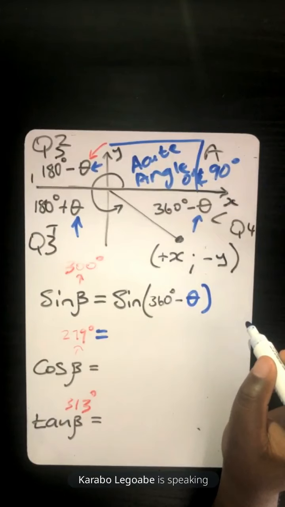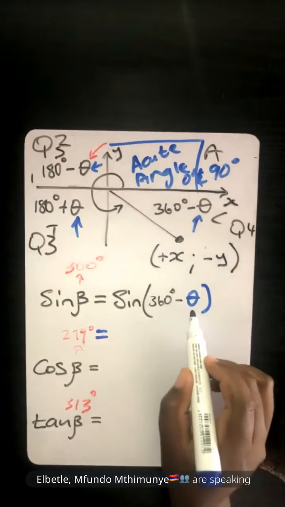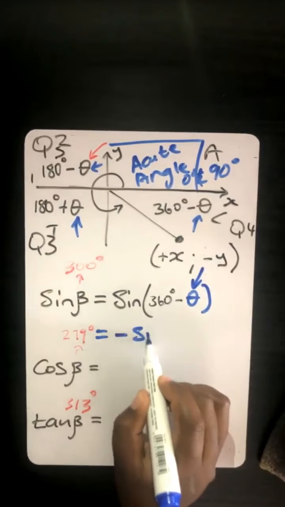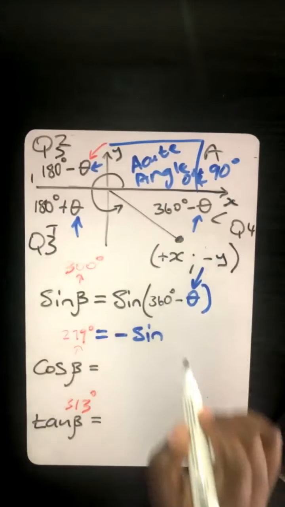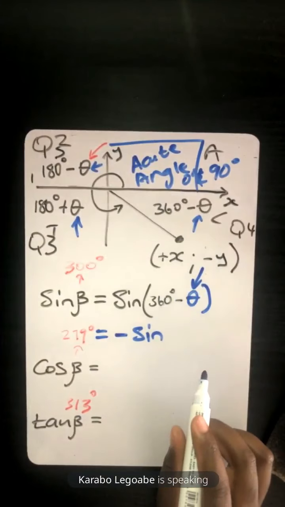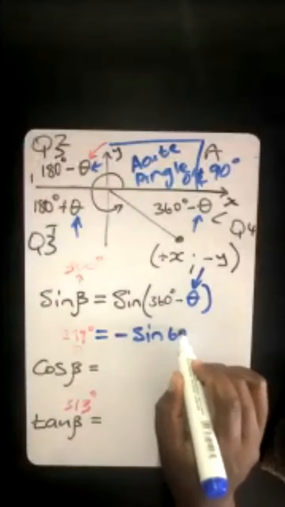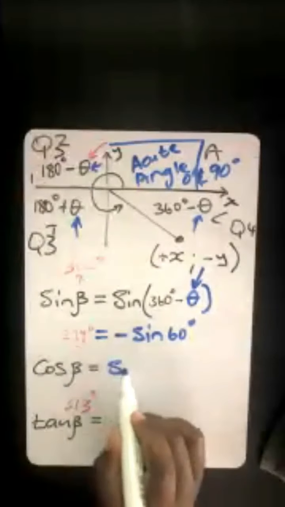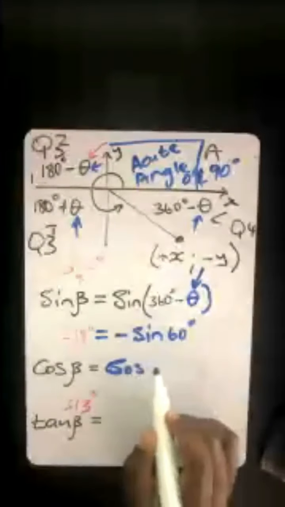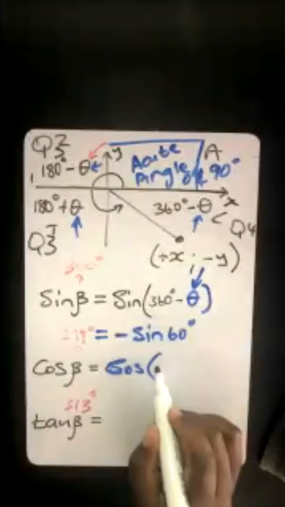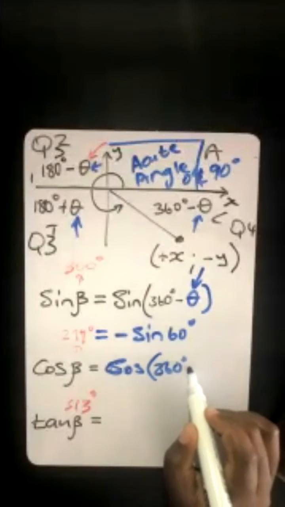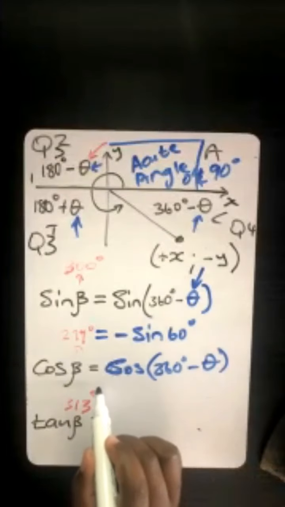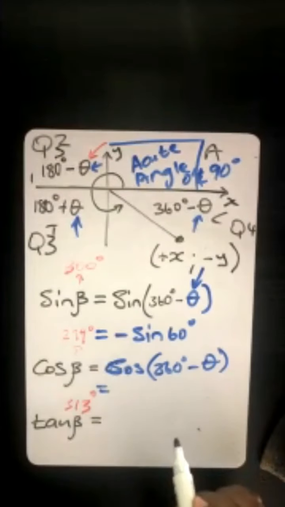Negative, sir. Say it's negative. Then what am I writing? So it's negative sine. What is that angle? Negative sine 60 degrees, 100%. So this one, we are having a cos of angle. The angle is 360 degrees minus that. So also tell me, what are we writing there?